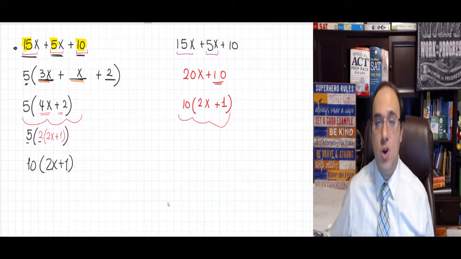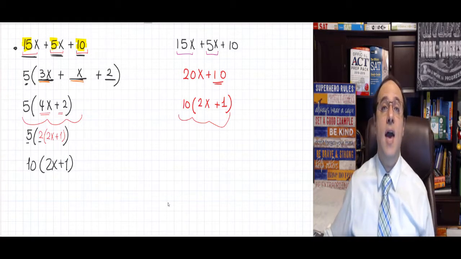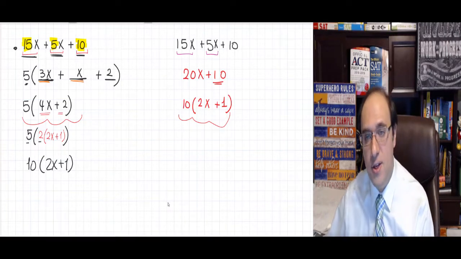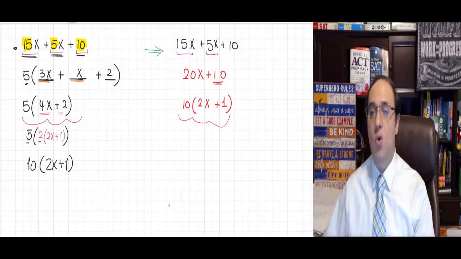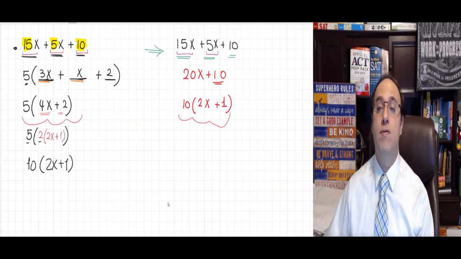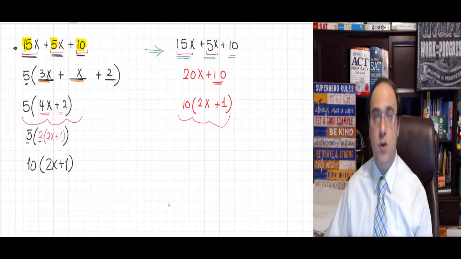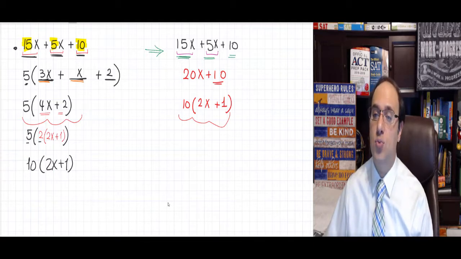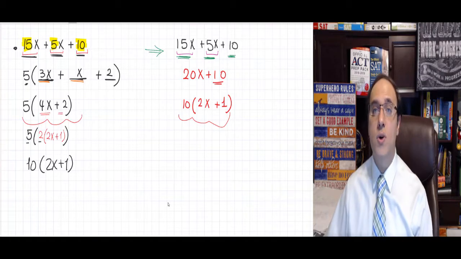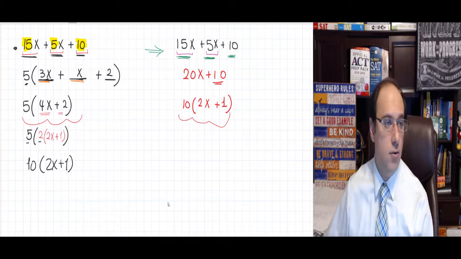But this is a little bit more complicated, wastes time, and will probably help you get a mistake on the test. This is what you need to do. So remember, when you have an algebraic expression, and you are required to factor it or to expand it, try to simplify first. If you are asked to factor it, always try to simplify it first.